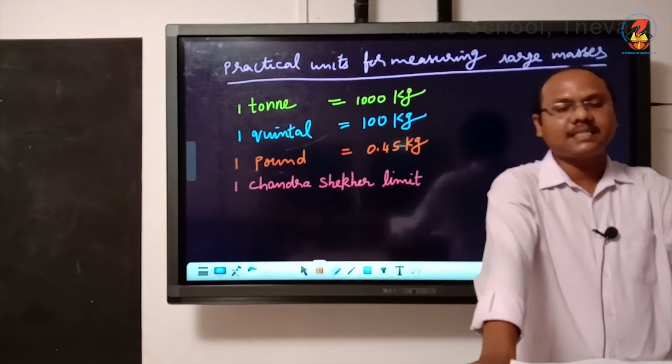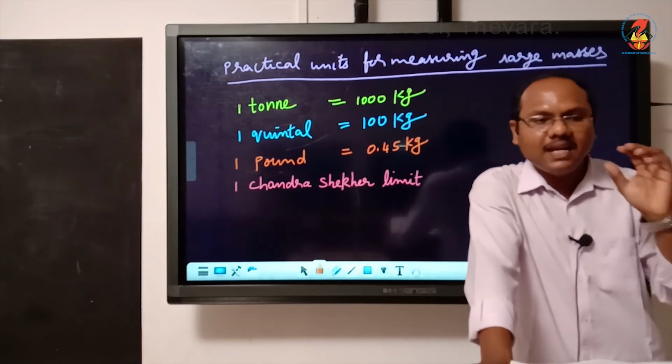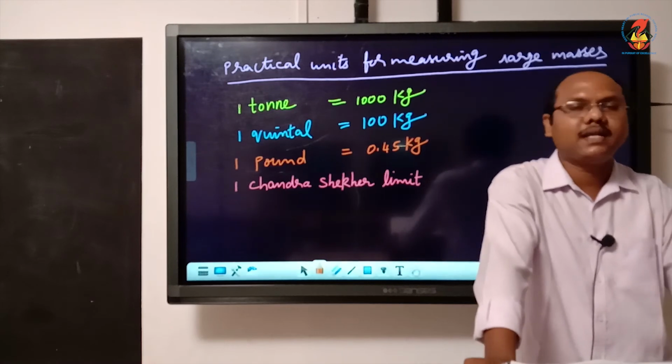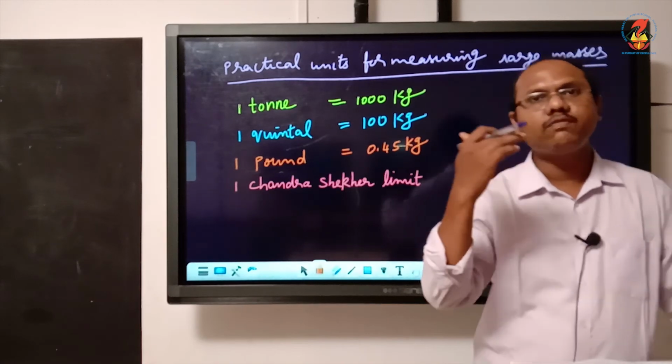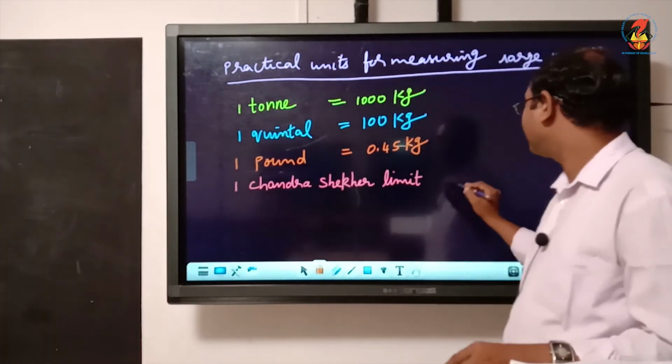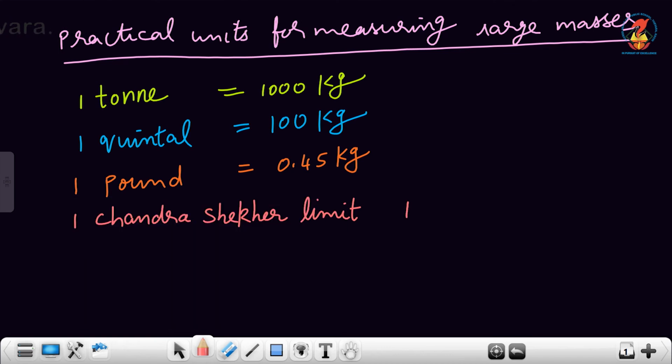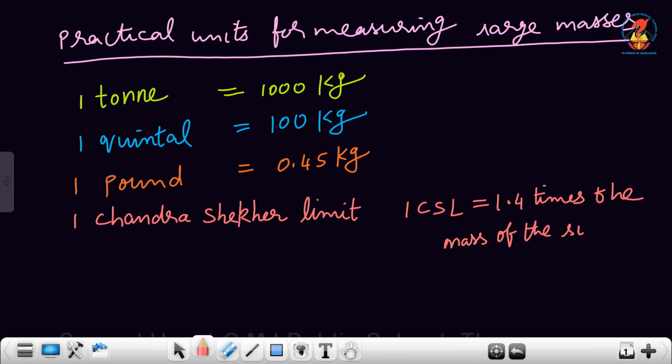And the last one is Chandrasekhar limit. Chandrasekhar limit is the largest practical unit of mass. And we will write like this: 1 CSL, Chandrasekhar limit, is 1.4 times the mass of the sun.